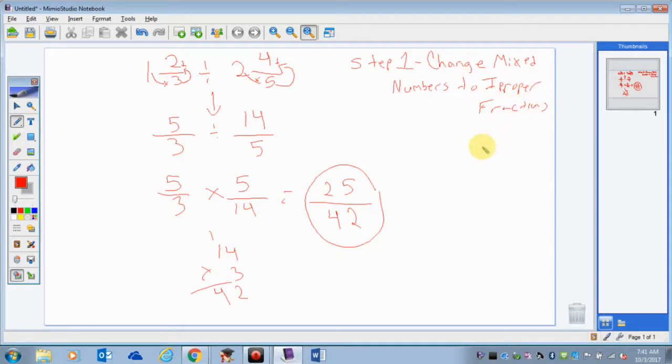And that's really the only difference in doing this and then working out a problem with just dividing fractions. Because once you've done this, it's the same thing that we did at the beginning of yesterday. So go ahead and write step 1 on your desk, and then we'll get back to the rest of the steps, which you should already know based on yesterday. Pause the video and write down step 1.